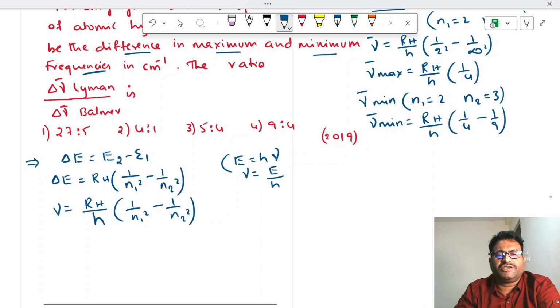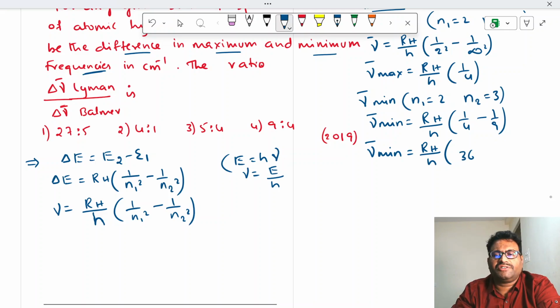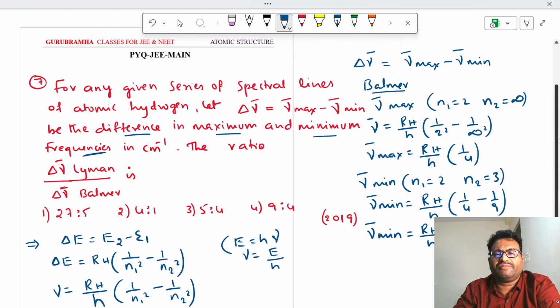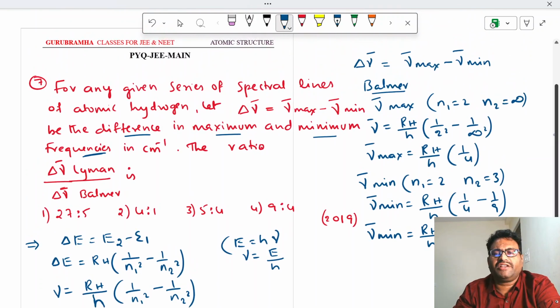Then what do you get? The minimum will be equal to RH by h into 5 by 36, right? So what did we calculate? One is the minimum and another is the maximum.